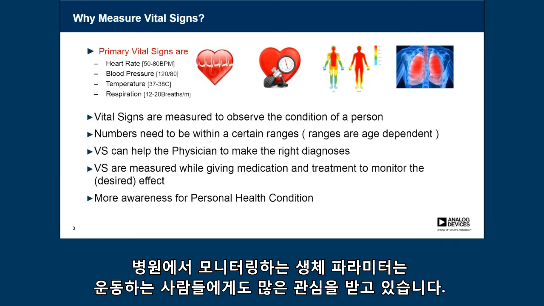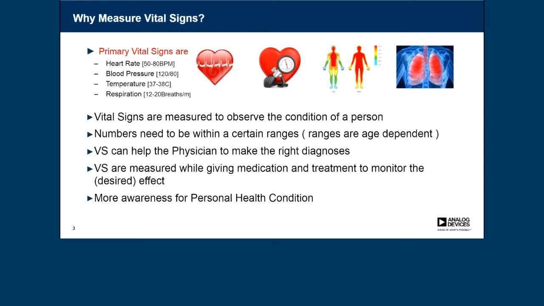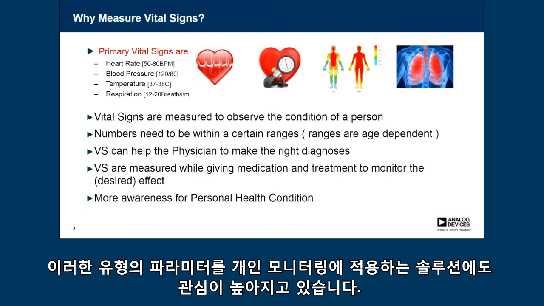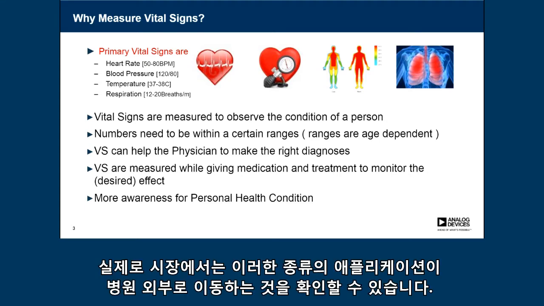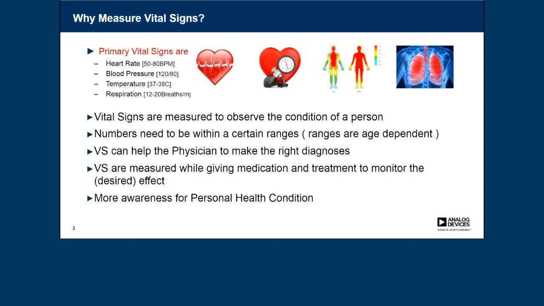Next to vital parameters that are being monitored in hospitals, we see also that there is a lot of interest from people while doing their exercising. So there is more and more interest in personal monitoring of these kinds of parameters. So that market actually is helping us a lot, where we see also these kinds of applications moving outside the hospitals.